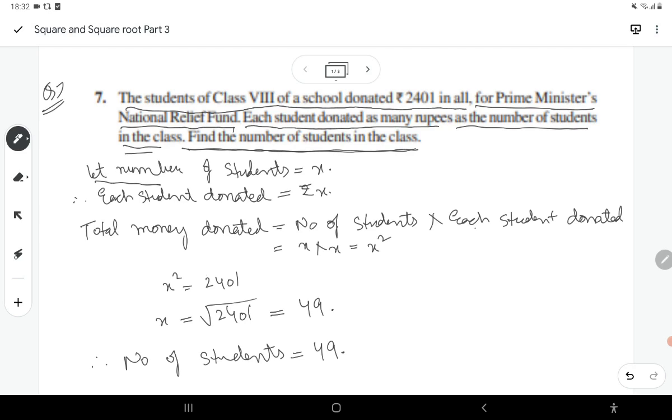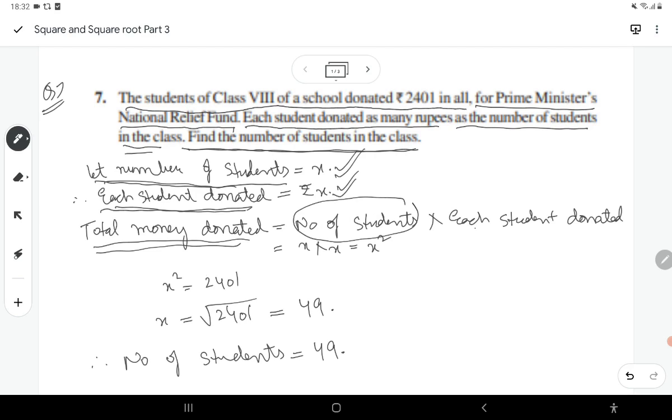So let the number of students be equal to x. Also it says the number of students in the class is equal to the number of rupees donated by each student. So each student donated x rupees. So total money donated would be equal to the number of students multiplied by the money donated by each student, which would be x into x, which makes it x square.